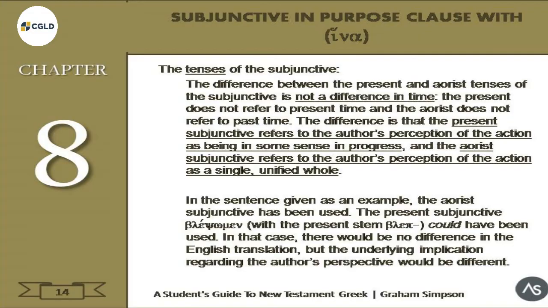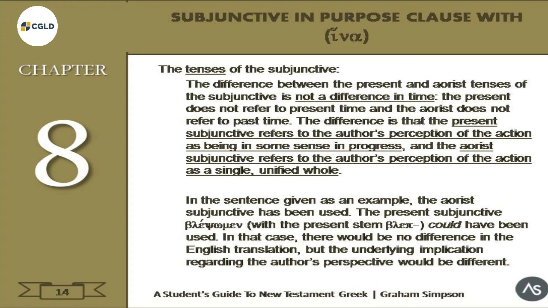The tenses of the subjunctive. The difference between the present and the aorist tense of the subjunctive is not a difference in time. The present does not refer to the present time and the aorist does not refer to the past time, as we had been looking at so far.